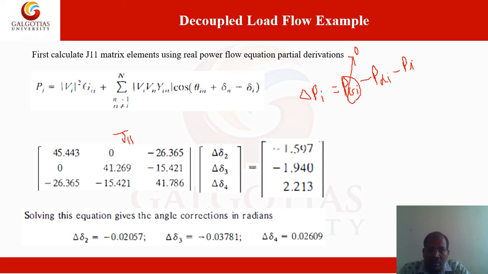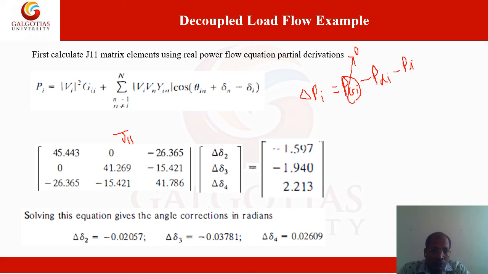Here on the RHS we also put i equal to 2, then differentiate P2 with respect to del 2, del 3 and del 4, taking the other quantities as constant. We put in all the initial values of admittance, voltage and angle, so we can calculate this partial derivative of P2 with respect to del 2, this is the partial derivative of P2 with respect to del 3, and this is with respect to del 4.